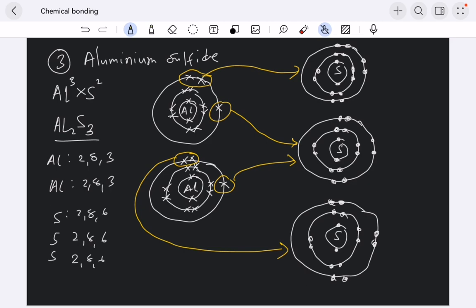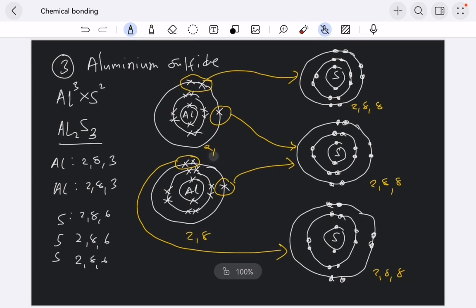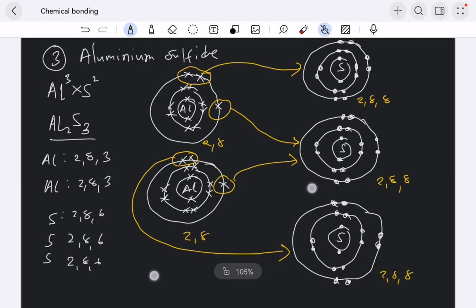So what happens is sulfur is supposed to gain 2 each to become 2,8,8, 2,8,8, 2,8,8. Then aluminium will lose 3 to become 2,8, 2,8.